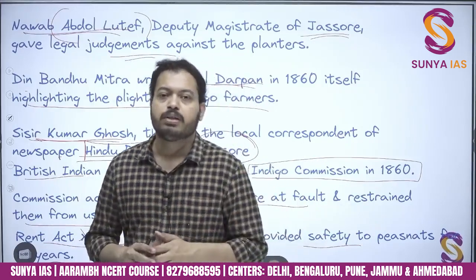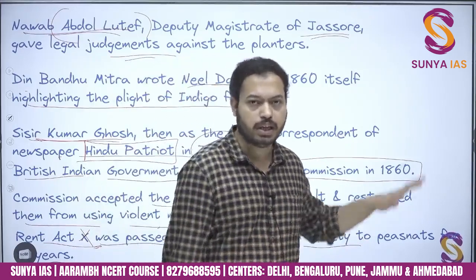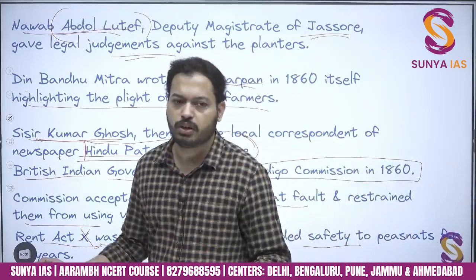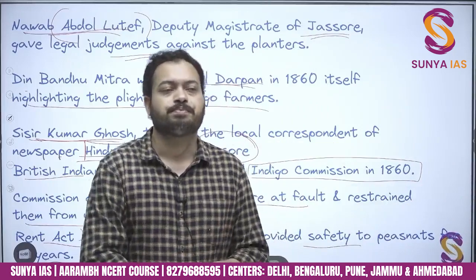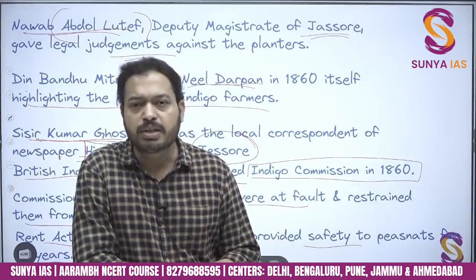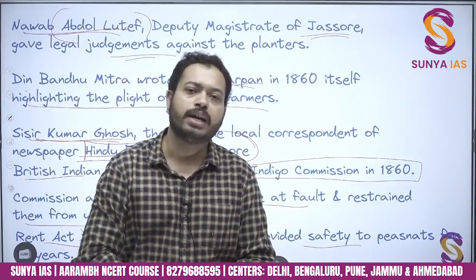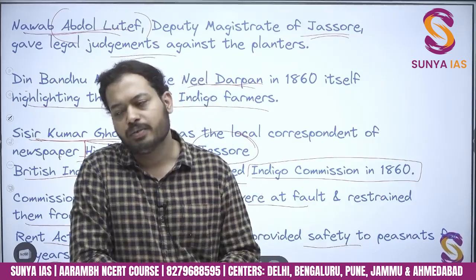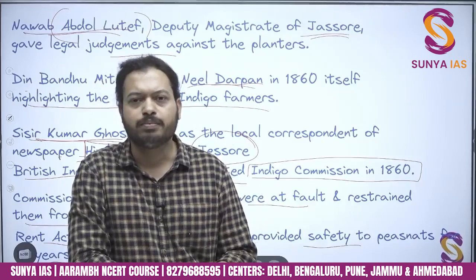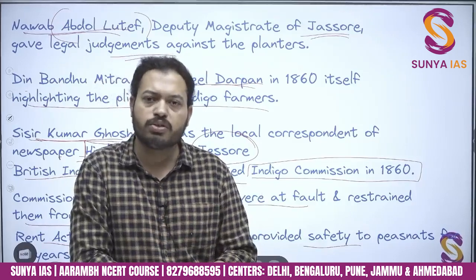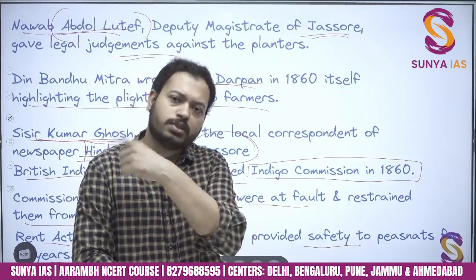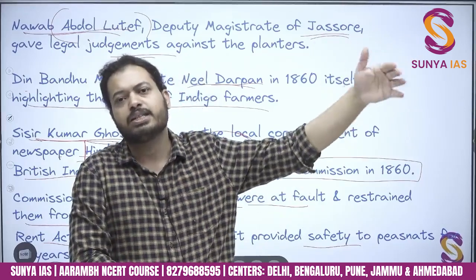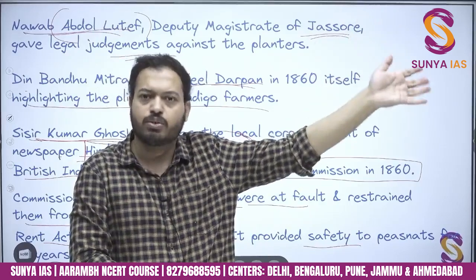But always remember that even though the Indian peasantry who were forced to produce indigo got some relief, no satisfactory action was taken, and ultimately the issue got resolved on its own because of some trade issues, or because of international market actions only.